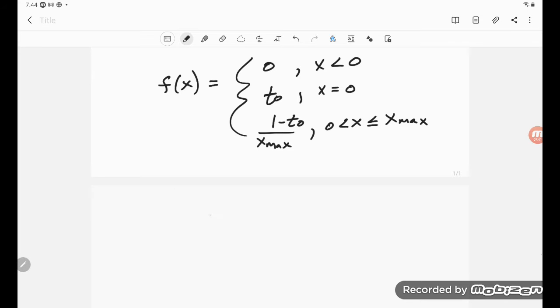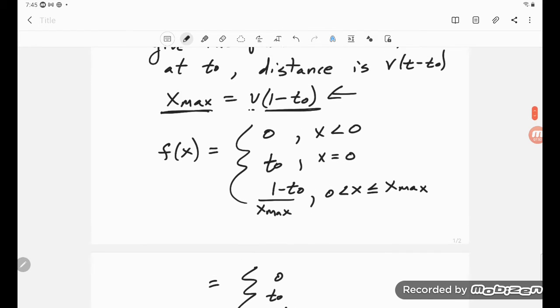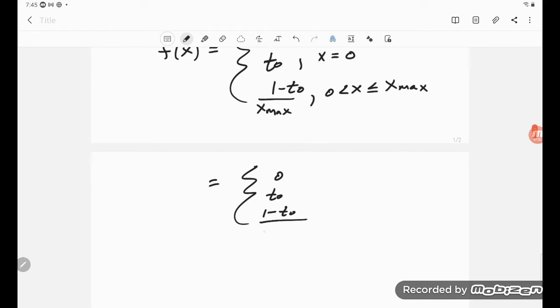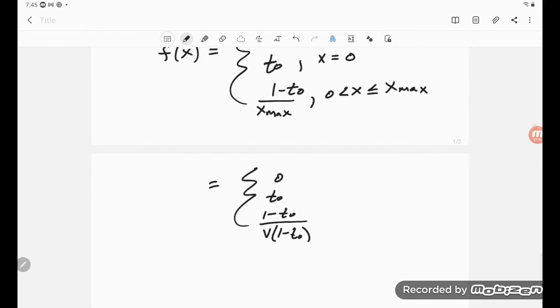Now, so that's equal to t0 and 1 minus t0 over x max, which remember was v times 1 minus t0. Okay, so we have that.